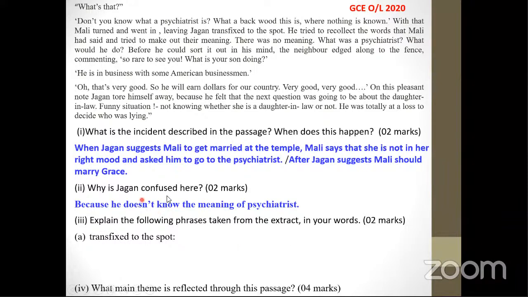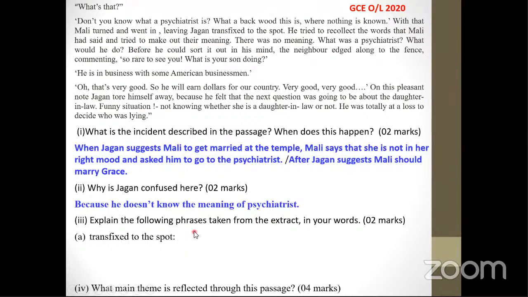Okay, so Jagan is confused because he doesn't know the meaning of the word. You need not have huge knowledge to answer that. What is a psychiatrist? He is transfixed then. He tried to recollect words that Mali had said. When you read clearly, when you go to the lines in the text clearly, you can get the answer.